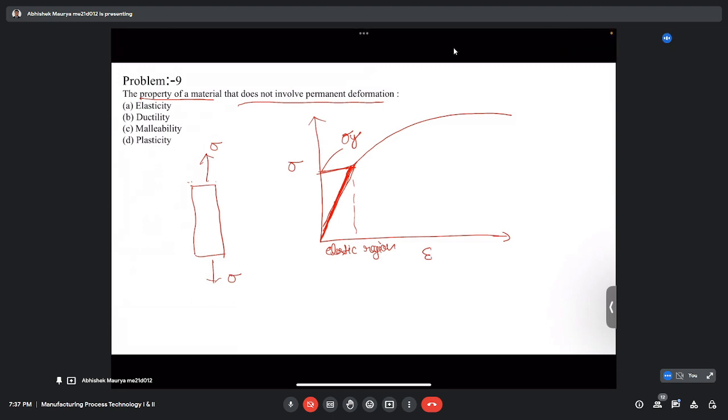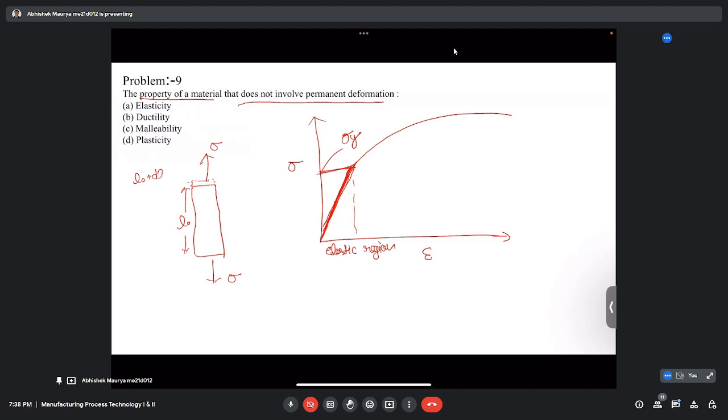The material will deform a little bit. But what will happen if we remove that load? Then again the material will come back to its original length. Earlier it was of length L0, and we applied some load. Its length became L0 plus some dl, and if we remove the load, the material will come to its original length, that is L0.